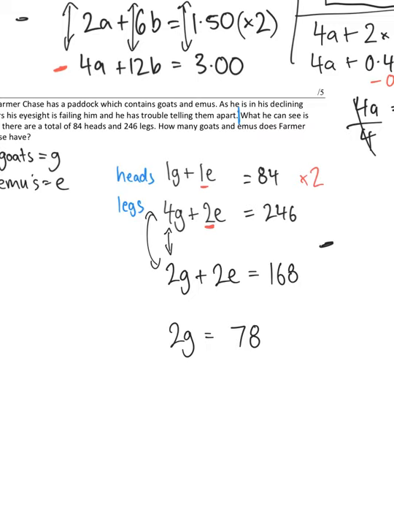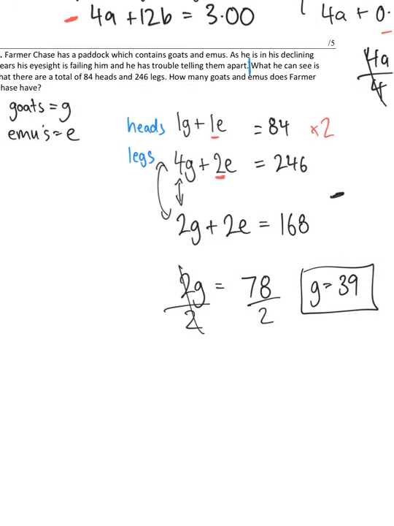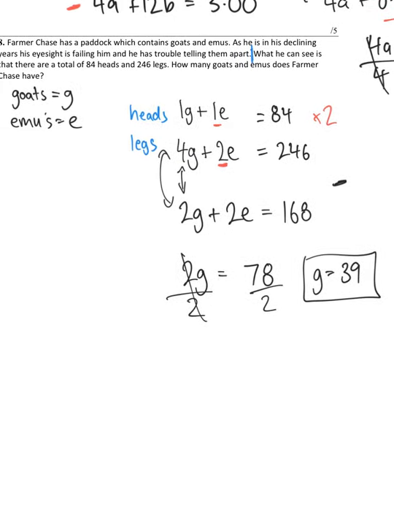Now to solve for the number of goats, divide both sides by 2. Goats equals 39. So we've got 39 goats. Now we're going to substitute that into the first equation because it's nicer to find the number of emus.